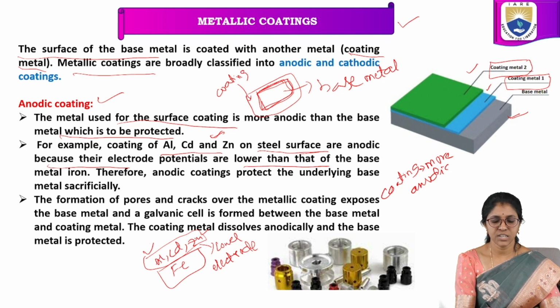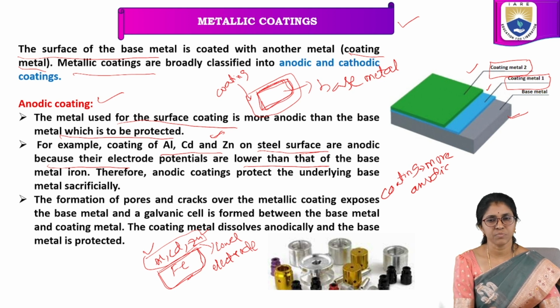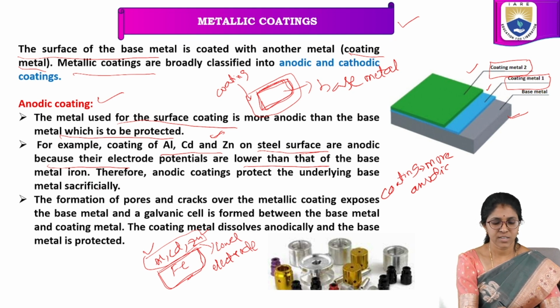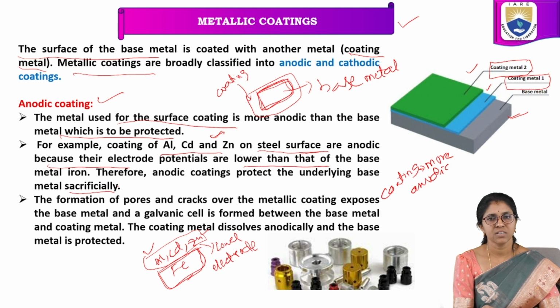Therefore these anodic coatings protect the underlying base metal, iron, sacrificially. Means these anodic coatings can undergo corrosion, and these metals protect the base metal from corrosion. By sacrificially, they sacrifice their life for the iron metal.